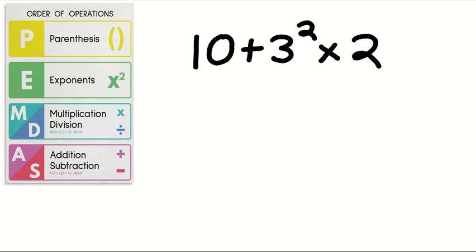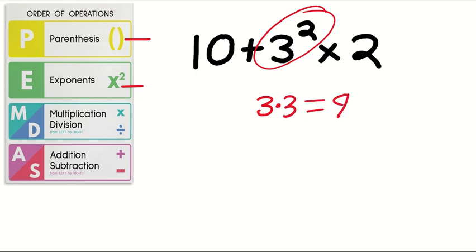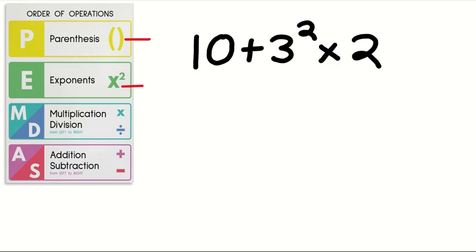Go down the steps. Do I have any parentheses? No. Do I have any exponents? Sure do, right there. Now, 3 to the second power is the same as just 3 times 3, which we know is 9. So let's go ahead and write that down below.